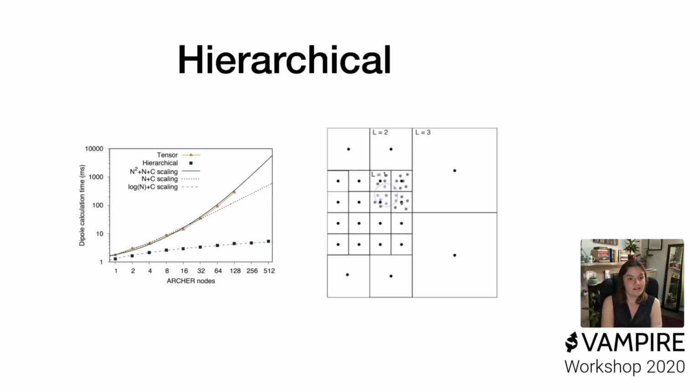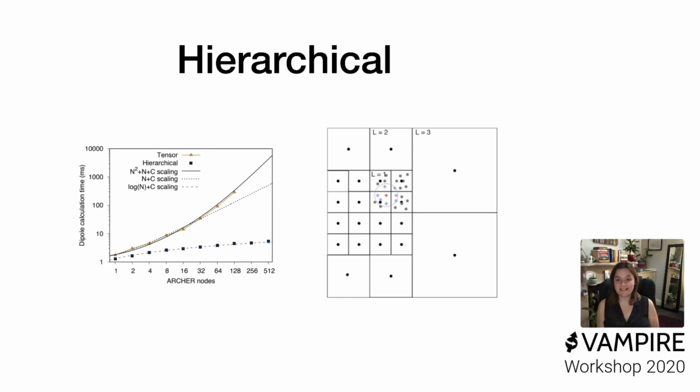So how does this scale? The scaling is shown in this graph here, and as you can see for the tensor, the calculation time increases with an n squared plus n plus c scaling. So it's basically an n squared scaling, which is really slow because it increases with the number of macrocells.